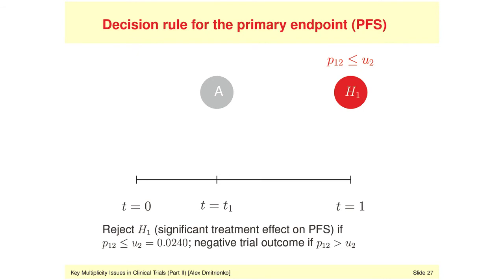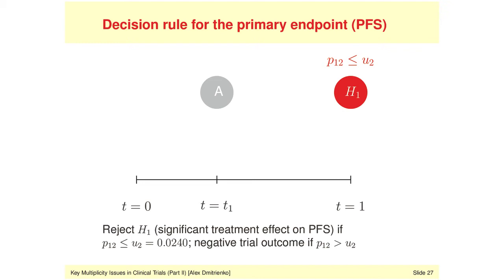At the final analysis, we're going to evaluate the amount of evidence to potentially reject the null hypothesis H1 again. The decision rule is going to be based on the p-value p12, and the significance level will again be derived from the O'Brien-Fleming alpha spending function.